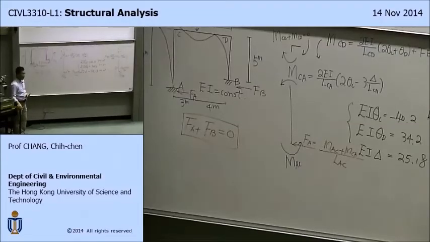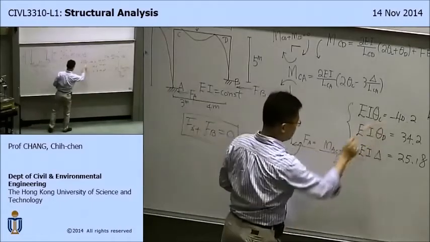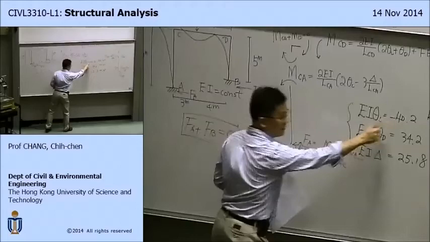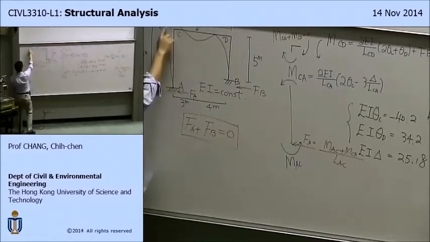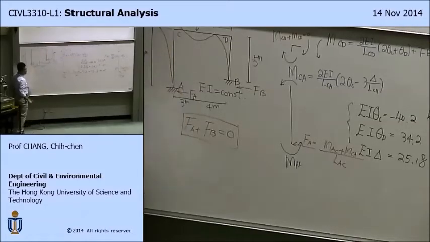So let's look at the solution and try to adjust or correct our deformation shape. So rotation angle at C is negative. Negative means that it's clockwise. This is counterclockwise. So this is not correct.